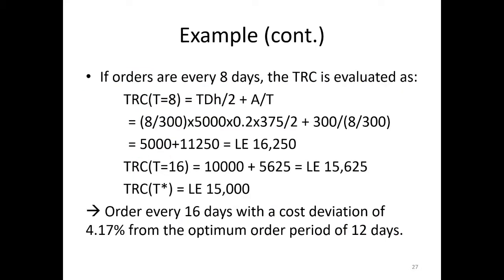We are interested in comparing the costs associated with these two alternatives. If you order every 8 days, the total relevant cost is going to be about 16,000 Egyptian pounds. If you decide to order based on a cycle of 16 days, the cost is going to be 15,000. So apparently, our choice in this case is going to be 16 days, with a cost deviation of 4.17% from the optimal order period of 12 days.